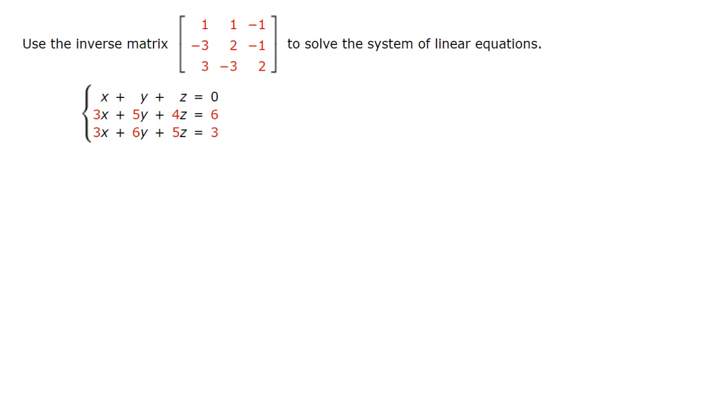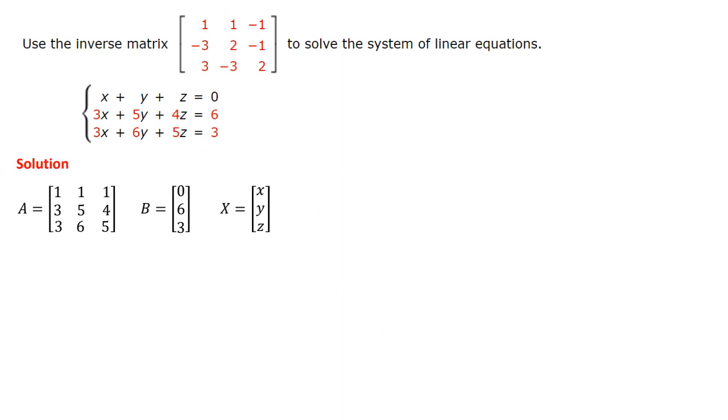It says use the inverse matrix to solve the system. So they give you the inverse, so that's good. We don't have to find it. We still need A, so again, A is just your coefficients. So we have 1, 1, 1, 3, 5, 4, 3, 6, 5. Your B matrix is the constants 0, 6, and 3.